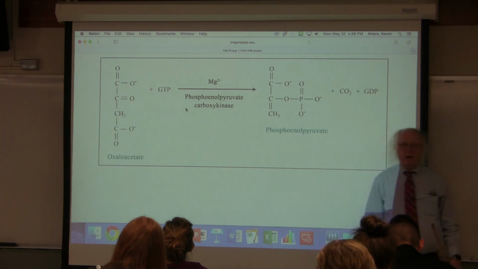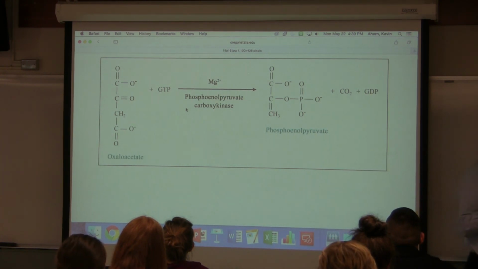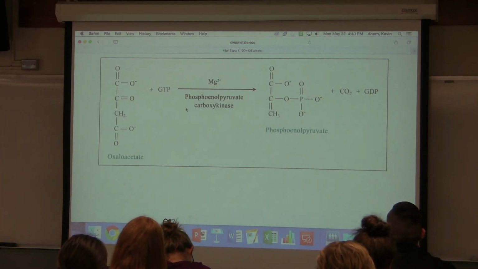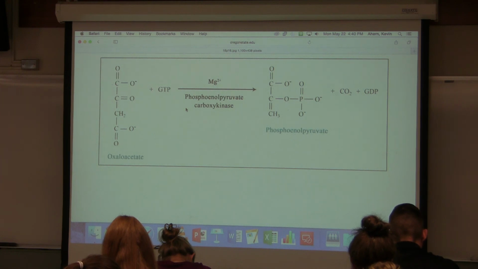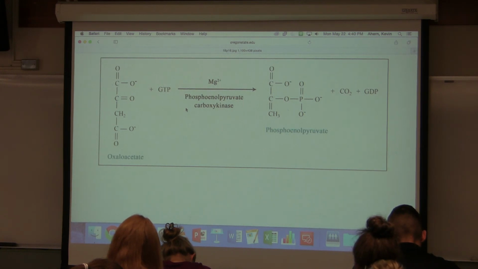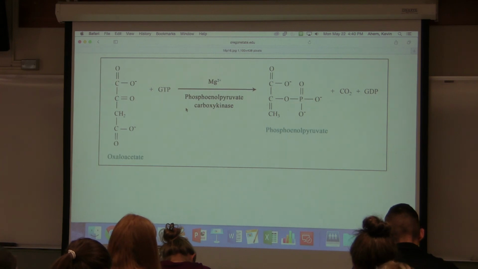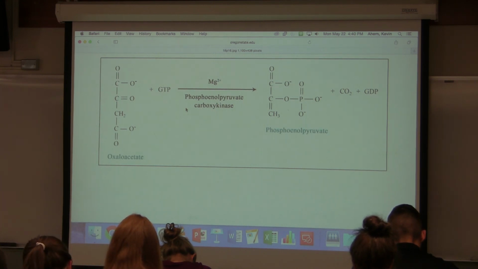This enzyme is not made by all cells of the body. It's only made in your liver and in your kidney. And it turns out those are the only tissues in your body that can do the synthesis of glucose. The only cells that can do the synthesis of glucose, liver and kidney, parts of the kidney.